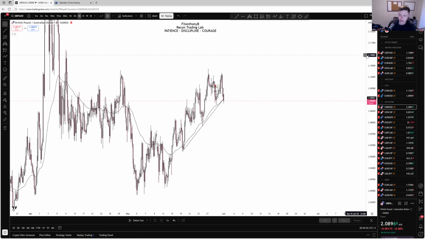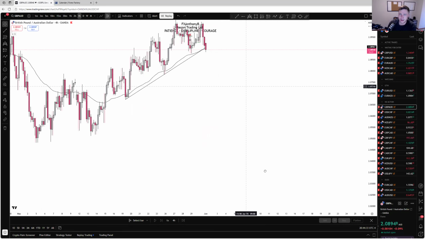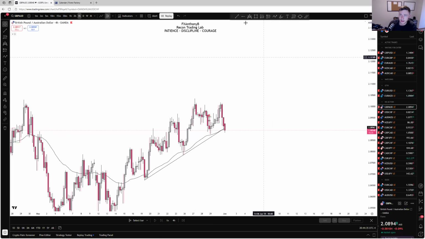Put a 4 hour again here, see what we can see. Equal highs have been created. Yeah, that's an equal high.